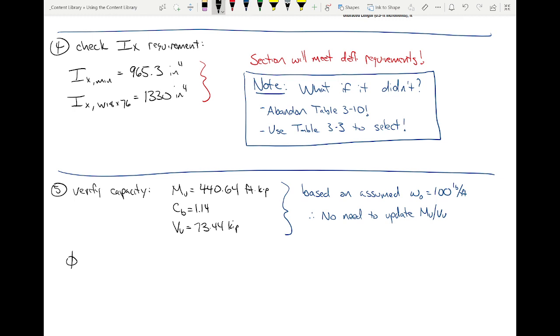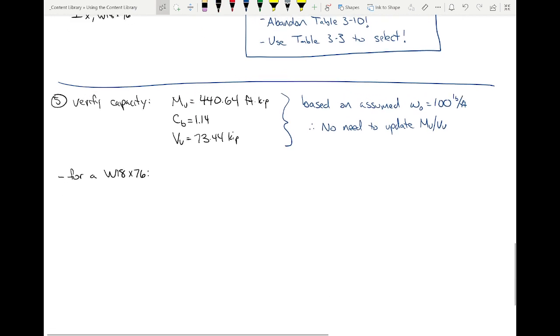Now help me out. I need a couple values for the W18x76. Now we're going to get these values from Table 3-2.